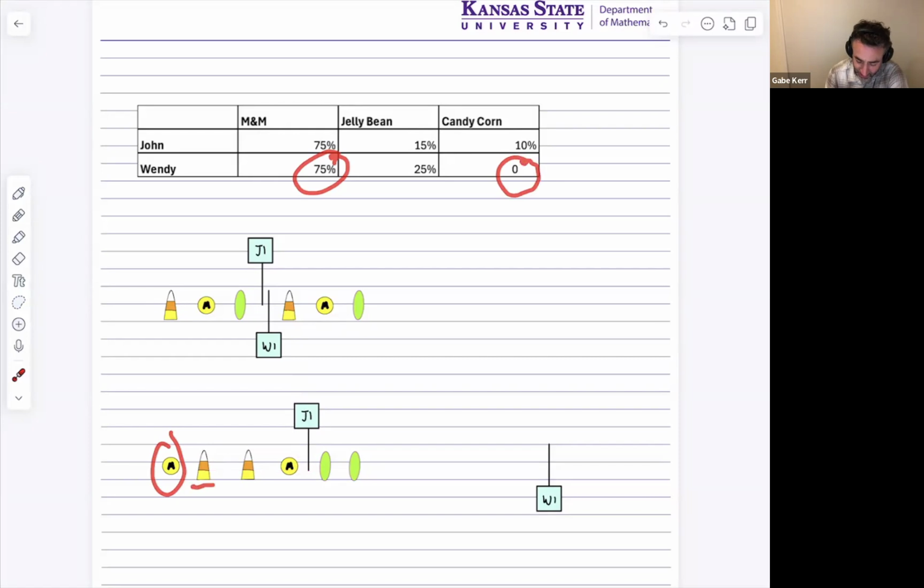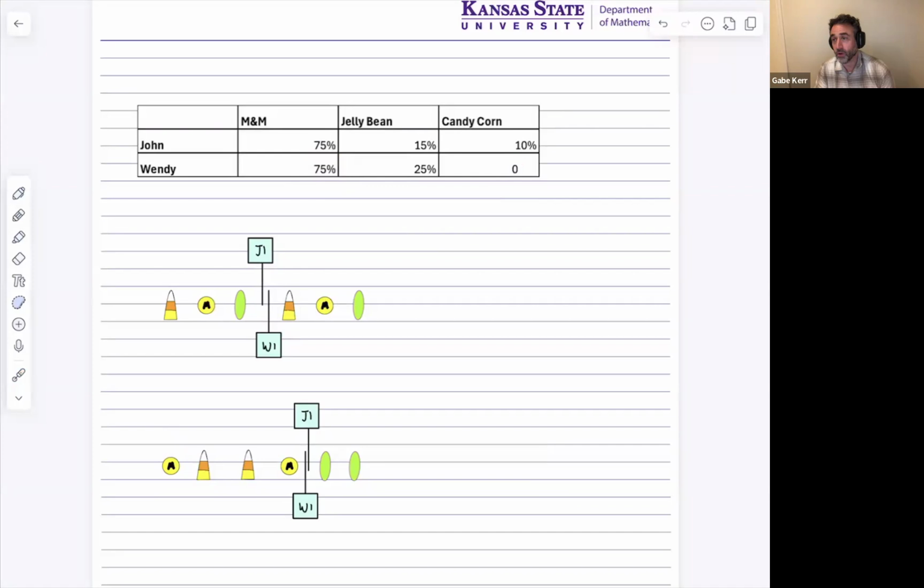So this just adds no value at all to Wendy or to any reasonable person. And then M&Ms are another 75. So this is right, again, where Wendy is like, all right, I'm going to need to put my marker right where John put his marker.